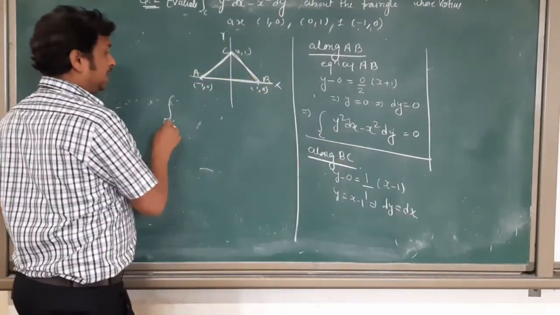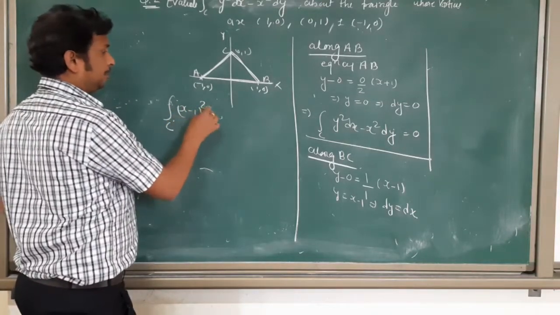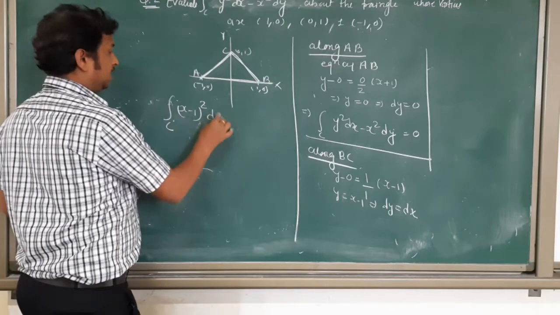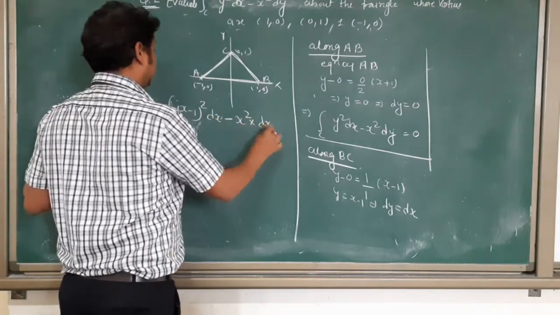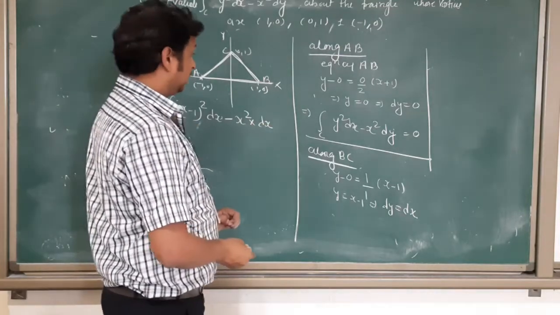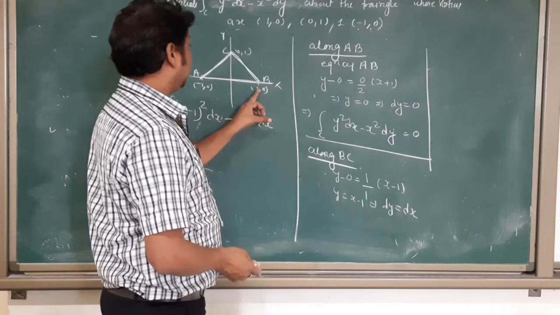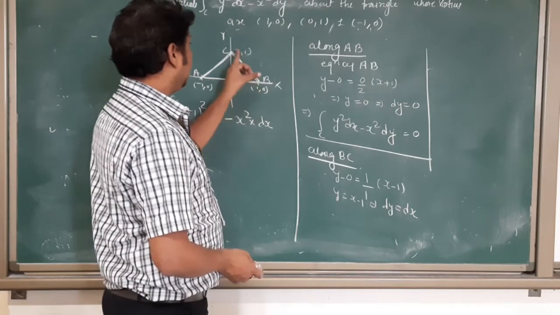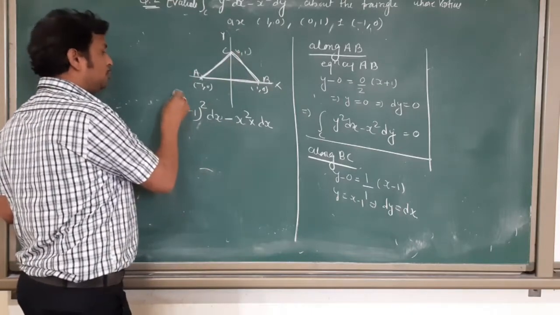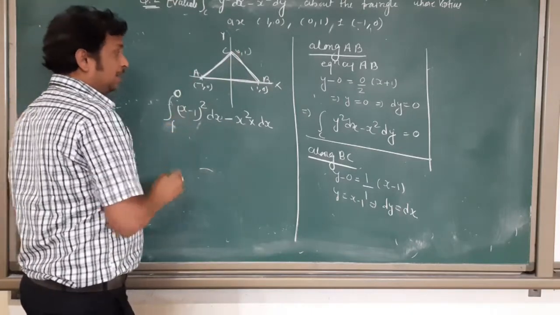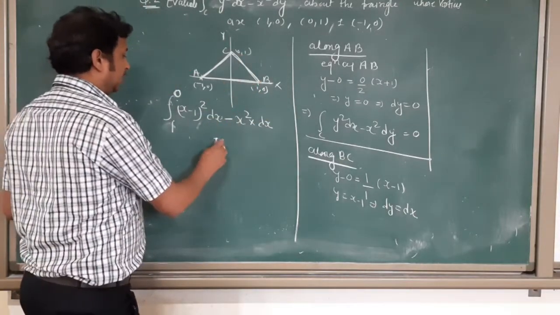So in this case, what is the integral? y square means (x minus 1) square dx minus x square dy, which is dx. Now we put the x limit, in x variables. What is the x limit? x here is 1 and here 0. So it starts from 1 and goes up to 0. Understand? So calculate this integral value.